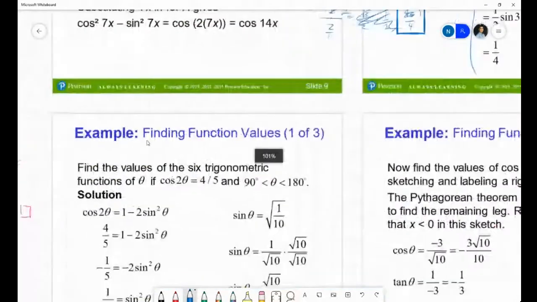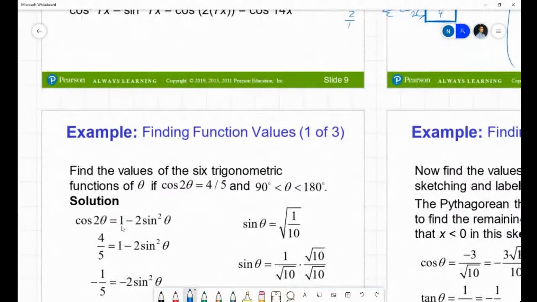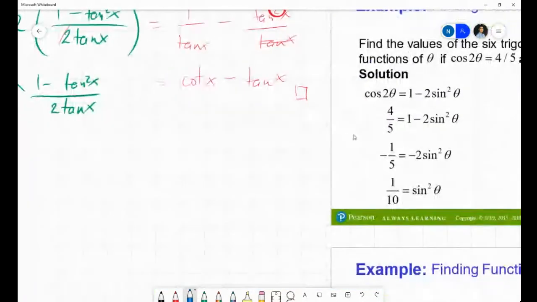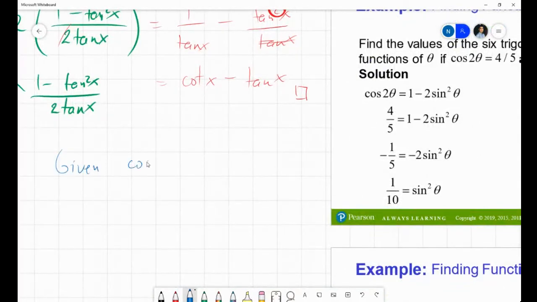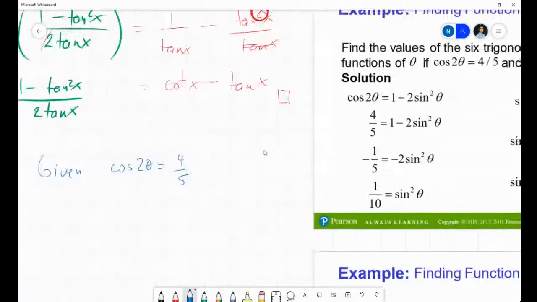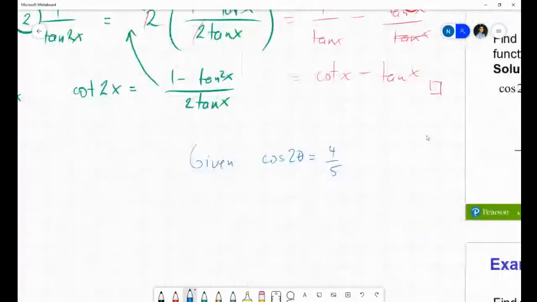Okay, so let's do some harder ones like this. You are given cosine 2 theta is equal to 4/5, and theta is between 90 and 180.